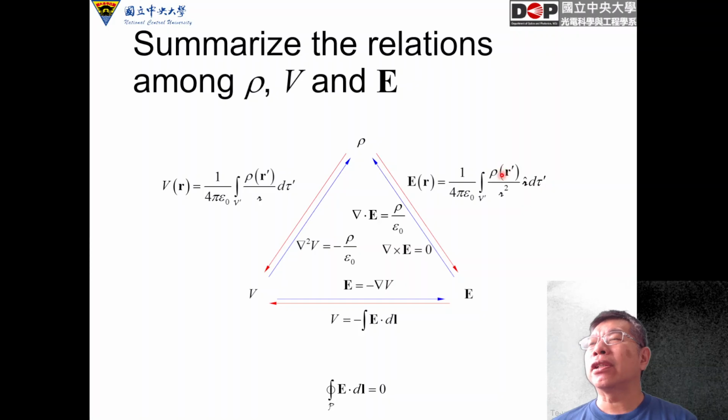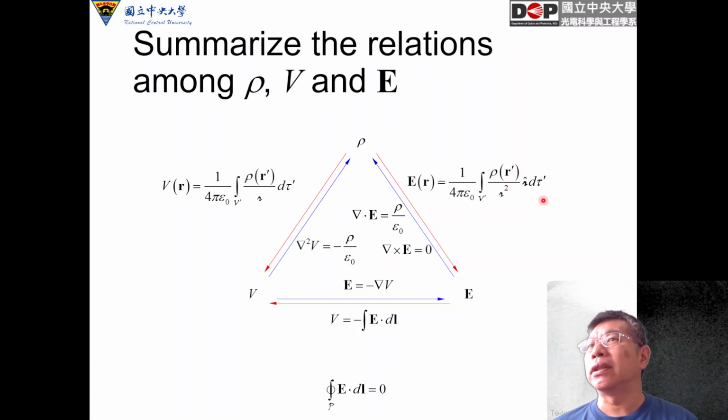Each charge distribution, or each charge in a tiny volume, contributes to the electric field in a 1 over r squared manner, with the direction from the charge pointing to the point of reference.